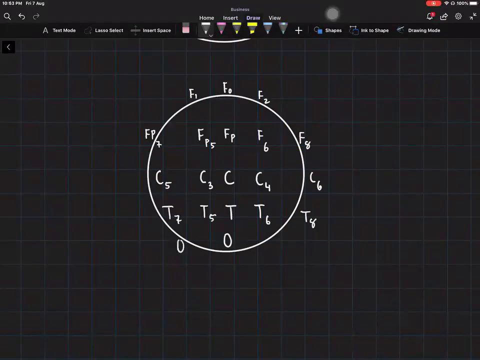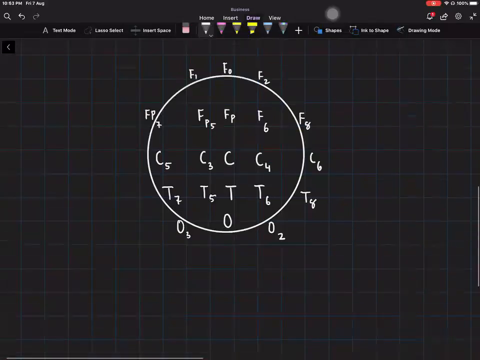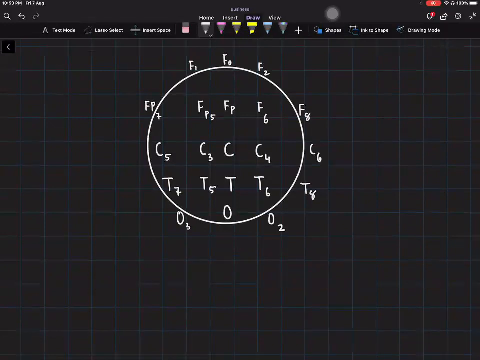You have O1 and O2. Don't ask me how and why we have numbered these, because I don't know exactly why this is not 3 and this is 5. I don't know the logic behind that. If anyone does, then please explain. Does anyone know the logic behind why this is not 3 and why this is 5?